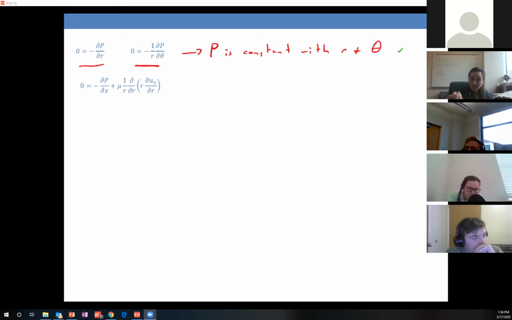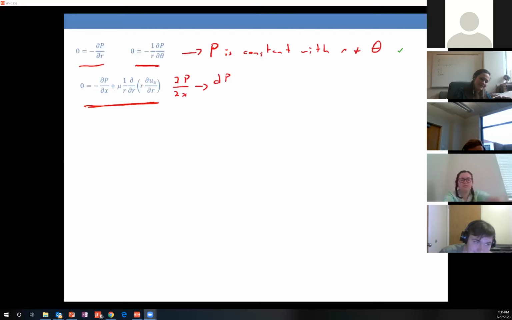Phew. Among other things, that means that, and we'll get to that in a second. Okay, so then we have this guy right here. And because P is constant with R and theta, which means it only depends on X, you can take the little partial derivative swirlies right here and just turn them into regular D's. So that's nice.